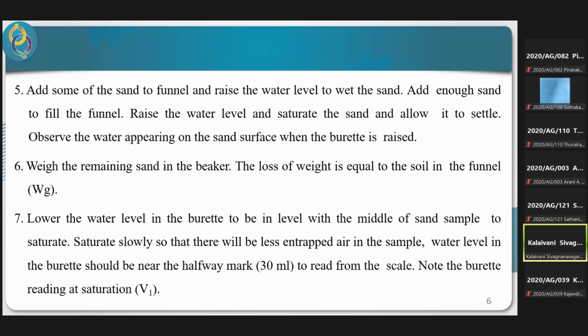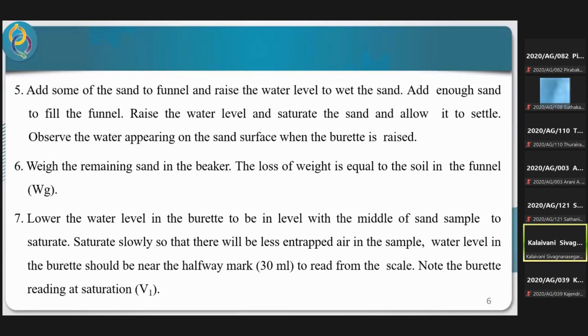Then you have to weigh the remaining sand that is present in the beaker. Initially you took 200 gram of soil in the beaker, right?